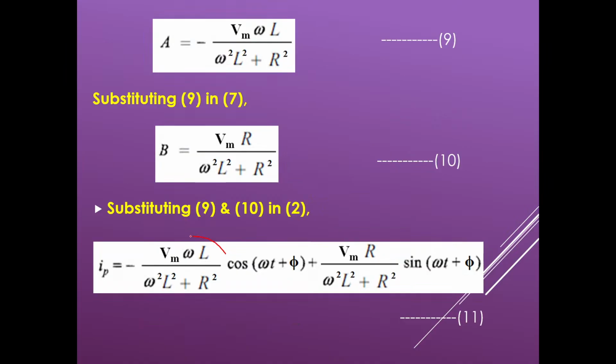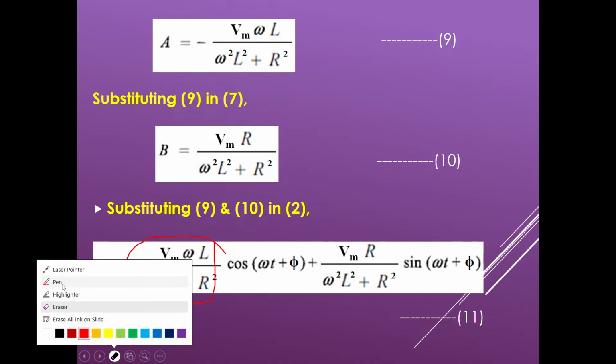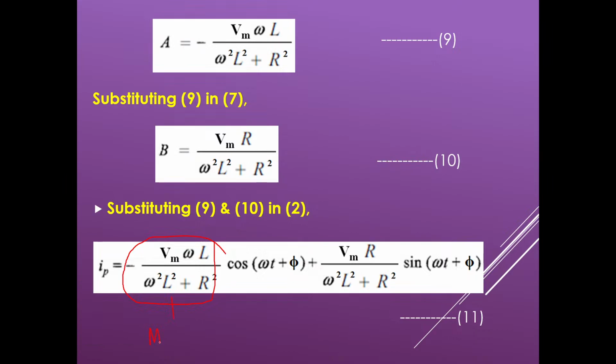I have replaced this term with m sin theta. Similarly, you can replace the other whole term with m cos theta. That's what I have written in the next slide.